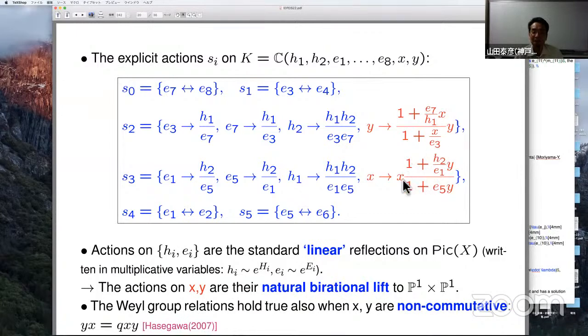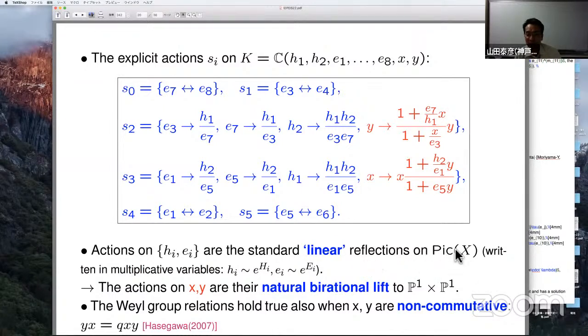So, the corresponding birational mapping on the variables x and y is given in this form. The action on the parameters h and e_i is nothing but the standard linear reflection on the Picard lattice.